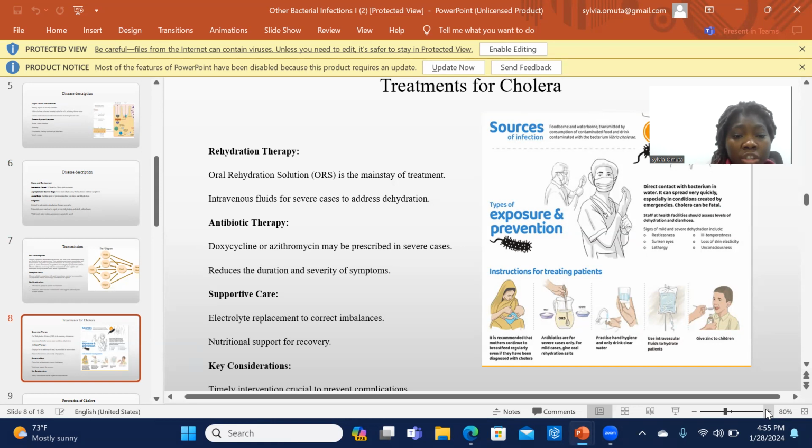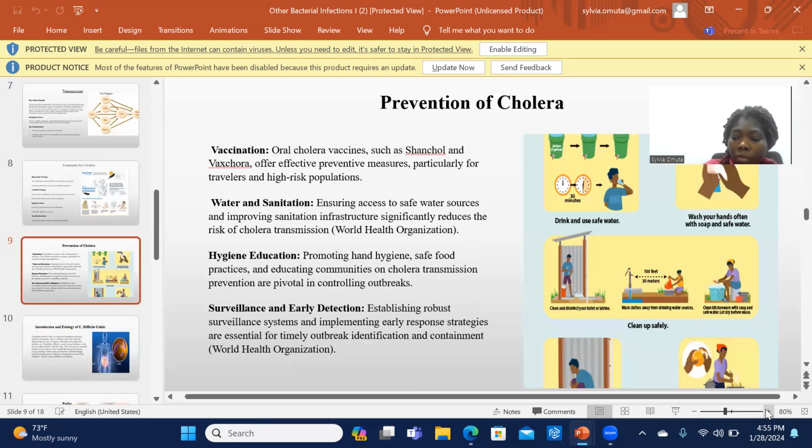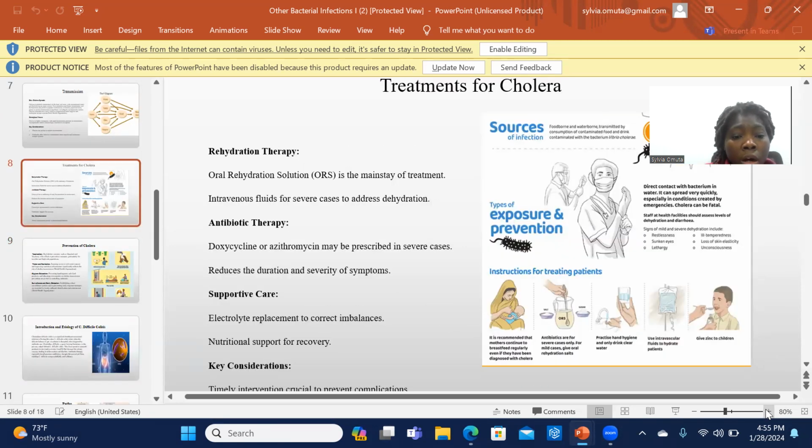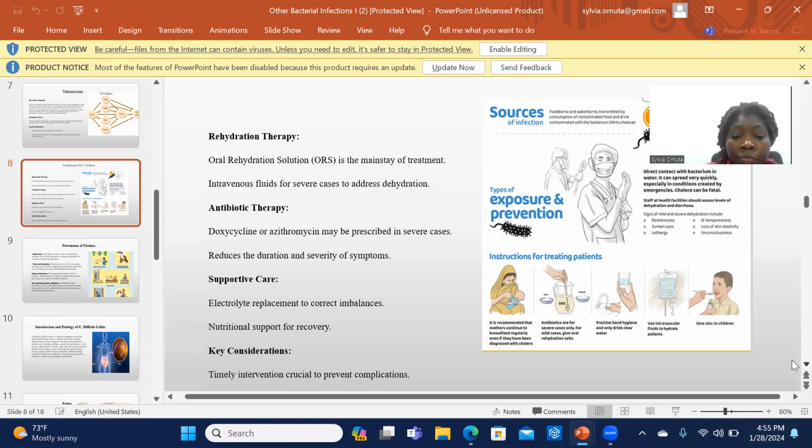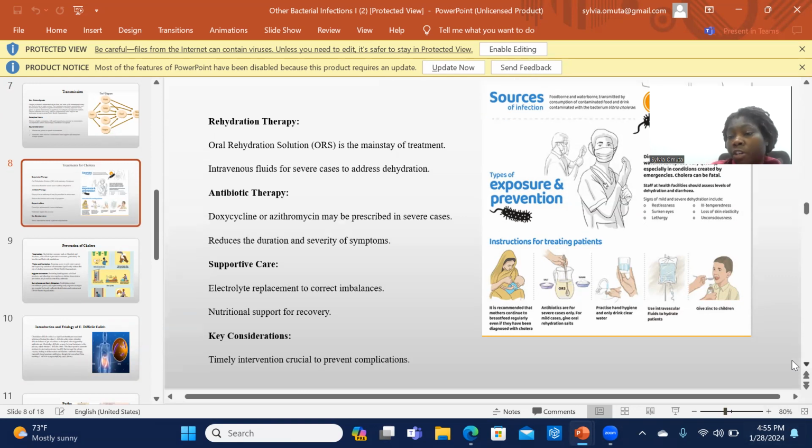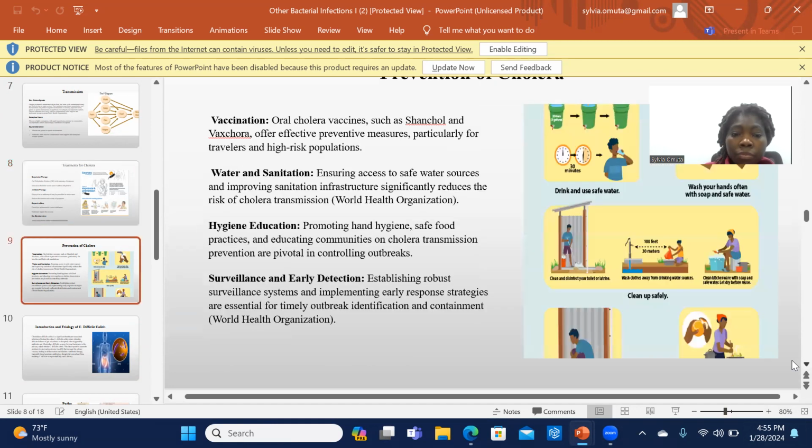Supportive care: electrolyte replacement to correct imbalance, and nutrition support for recovery. Key consideration: timely intervention is crucial to preventing complications.